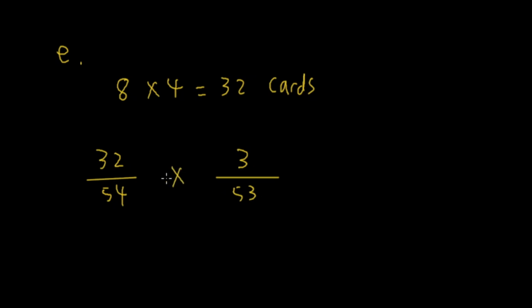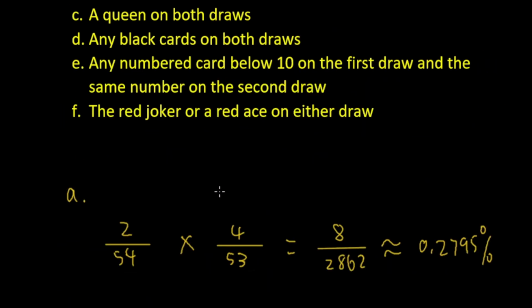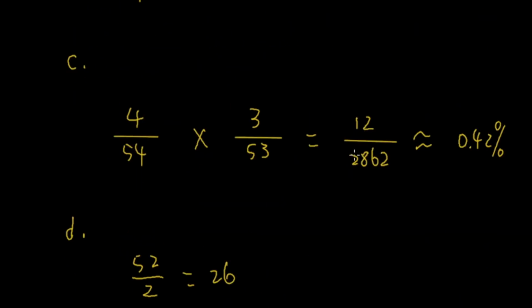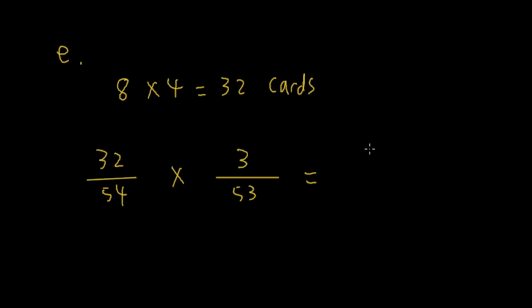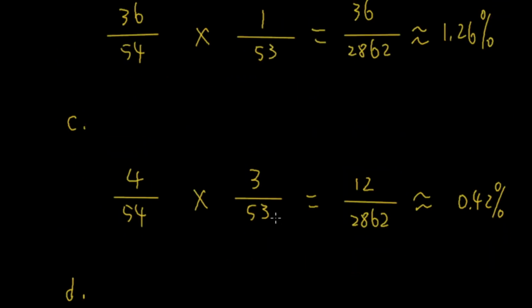And again, you multiply these two probabilities together. That will give you the probability of the entire situation E. And that would be equal to 96 over 2,862, and that's approximately equal to 3.35%. Okay, that's part E.